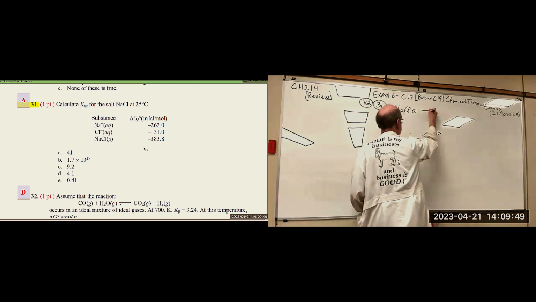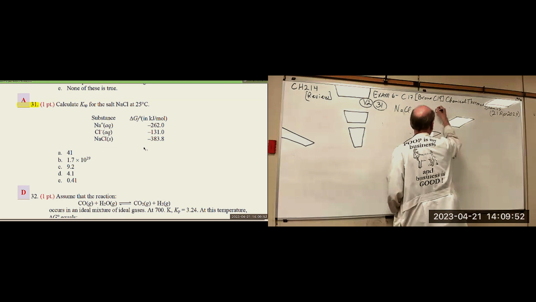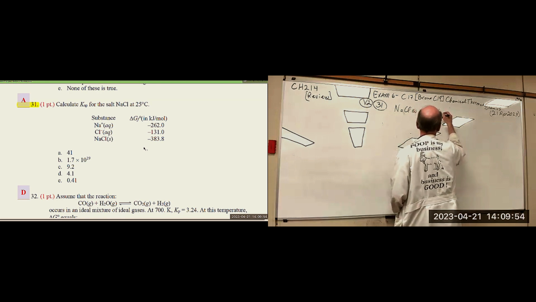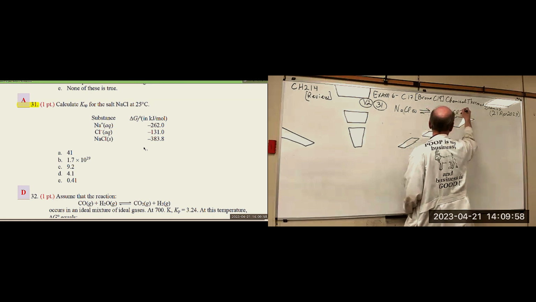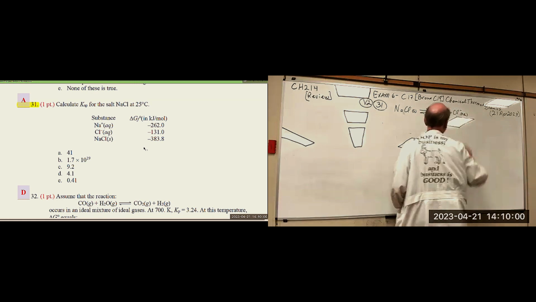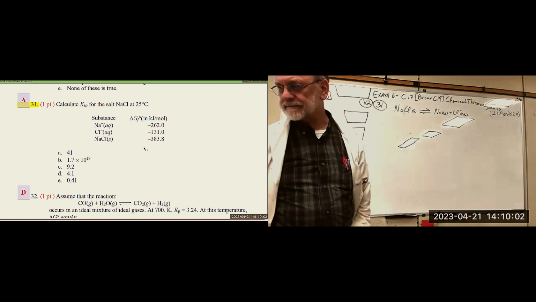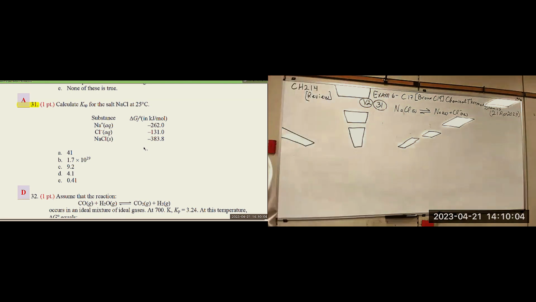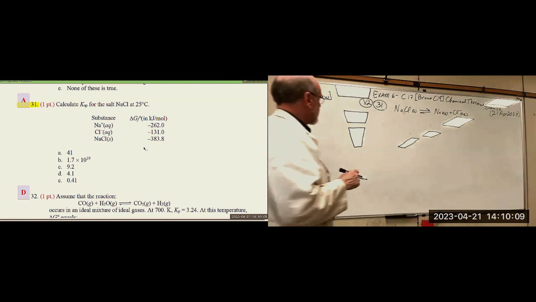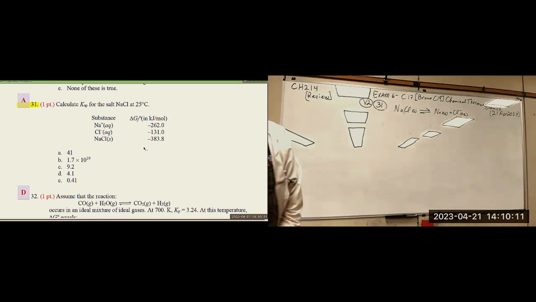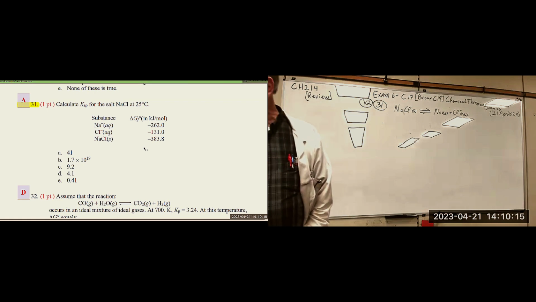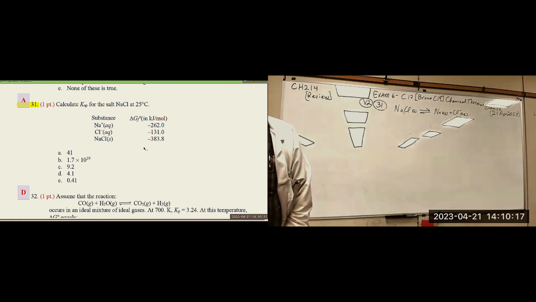So it's going into sodium aqueous plus chloride aqueous. That's our reaction, I do believe. So the KSP, we don't even need to do that. No, we don't have to do the KSP formula.